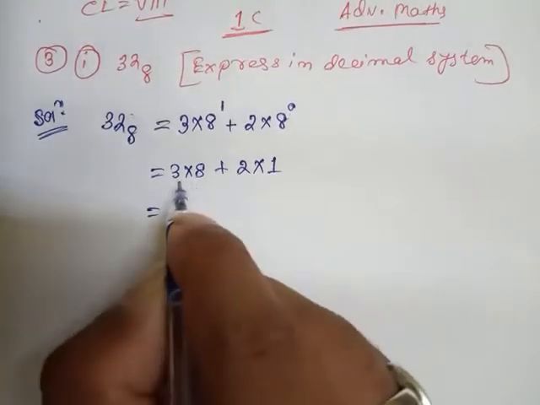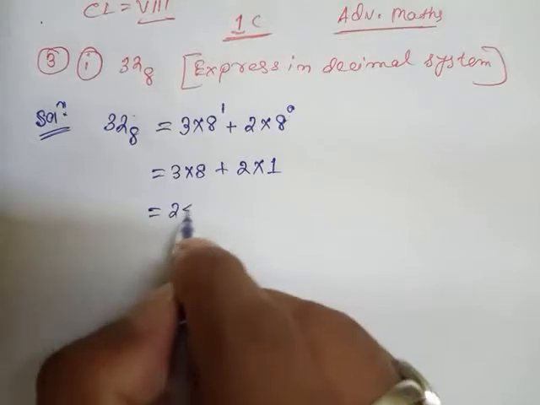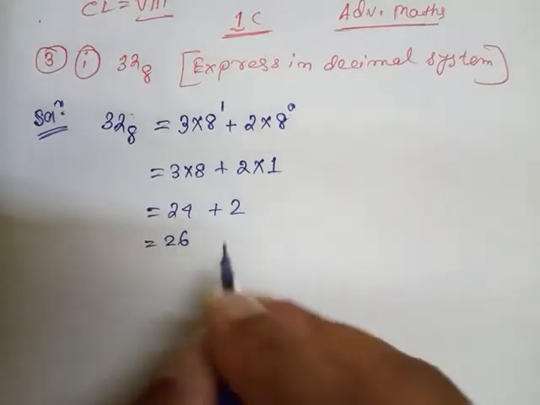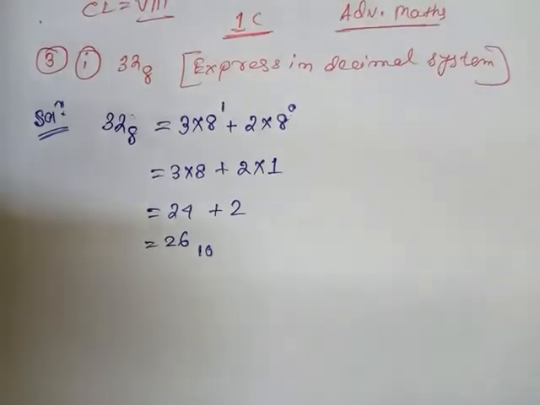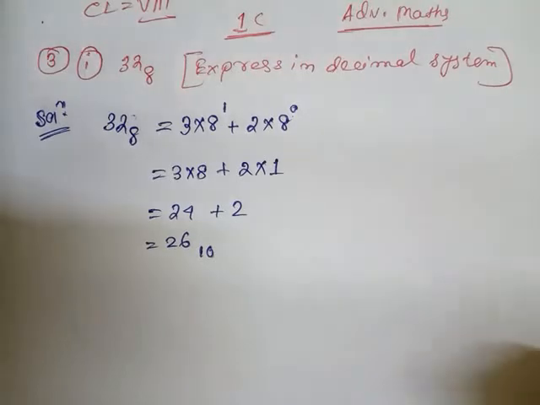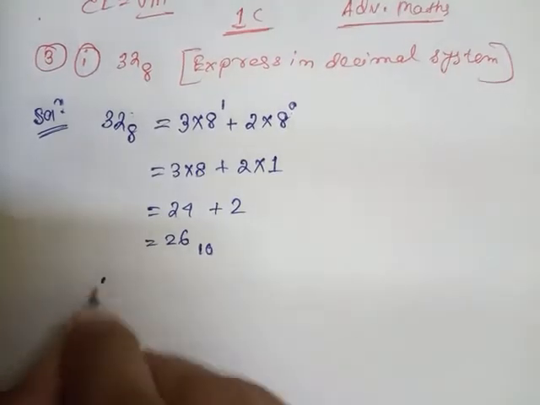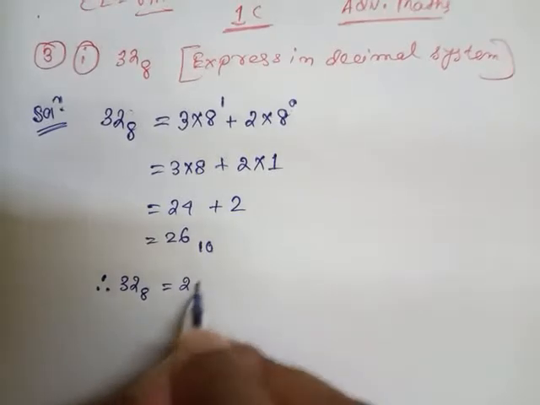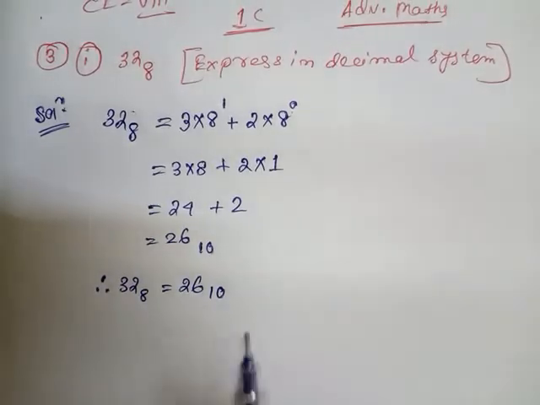So 3 into 8 is how much? 24. 24 plus 2 is 26. 26 base 10, because in the question it says we have to convert into decimal. So in the last line I will write 32 base 8 equal to 26 base 10. This is the answer of the first question.